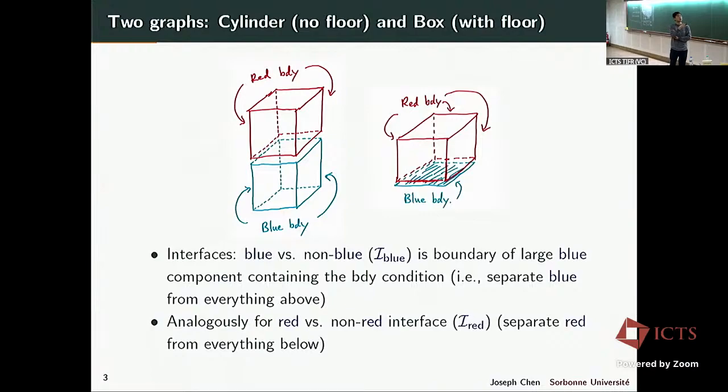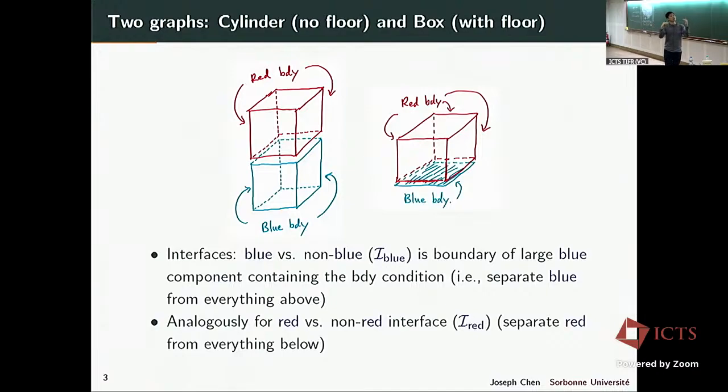And I will refer to this left picture as the no floor model and the right picture as the floor model, because both these interfaces, by definition, are attached to the place where the boundary conditions change.